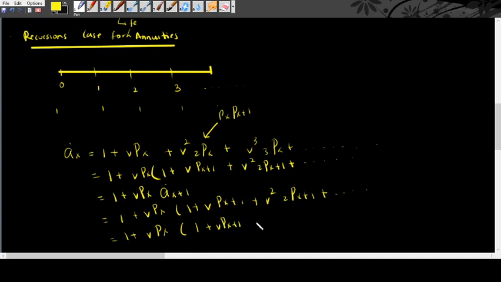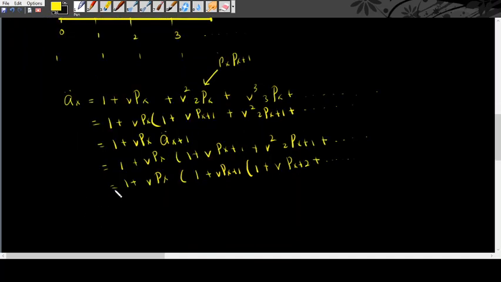I factor out vp_x+1, then I will get 1 plus vp_x+2 plus and so on. So this one I can rewrite as 1 plus vp_x times (1 plus vp_x+1)(1 plus vp_x+2) and so on, which is vp_x+1 times ä_x+2.